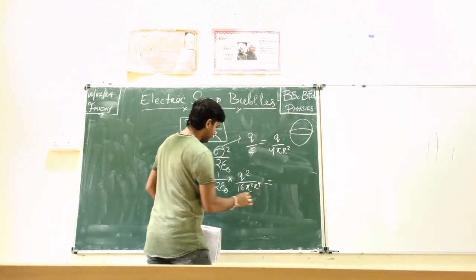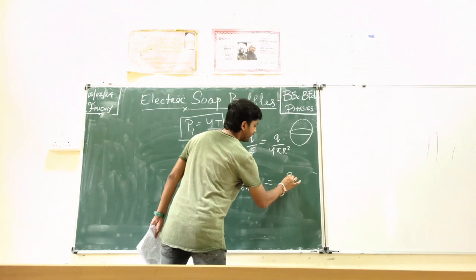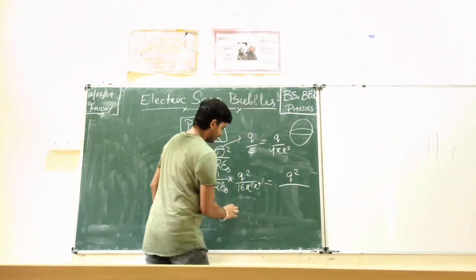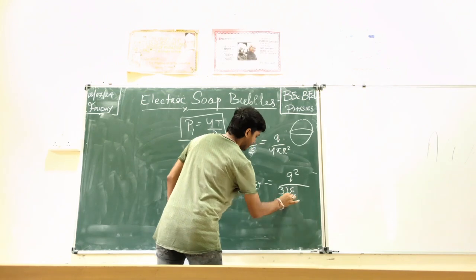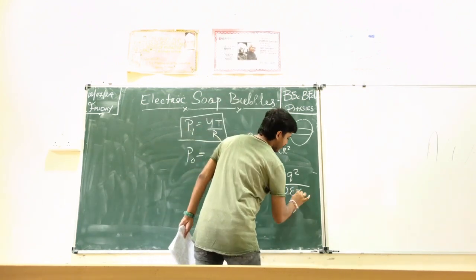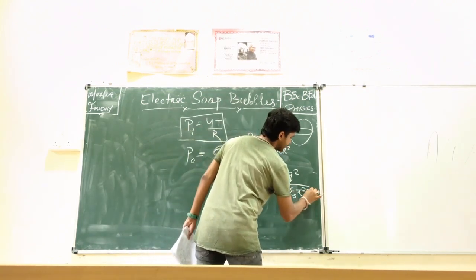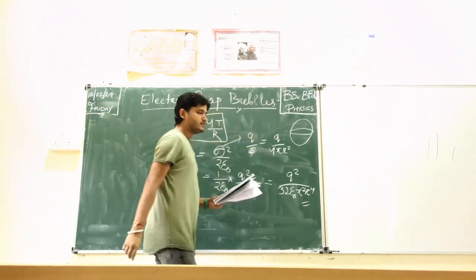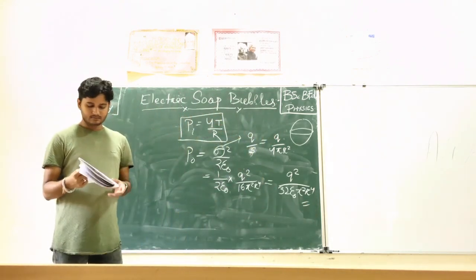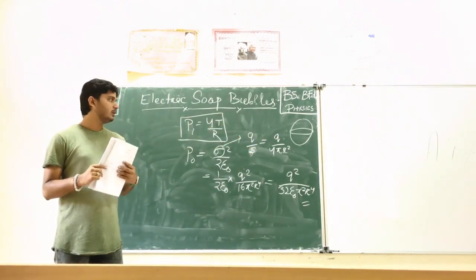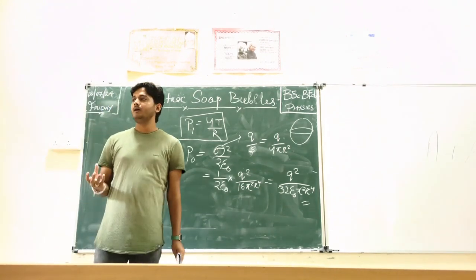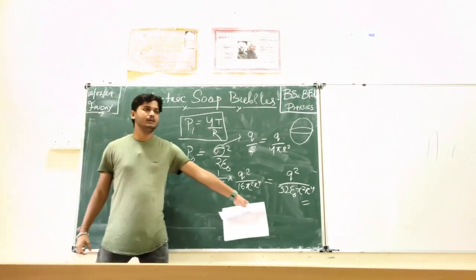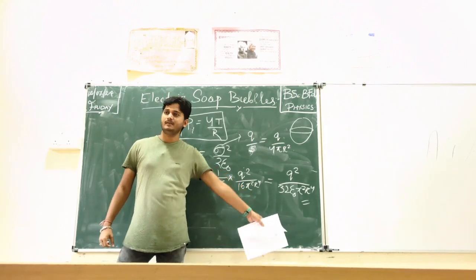Then Q square by 32 pi square epsilon R4. This one. So write this one. All right.